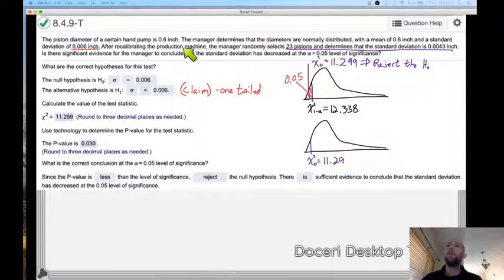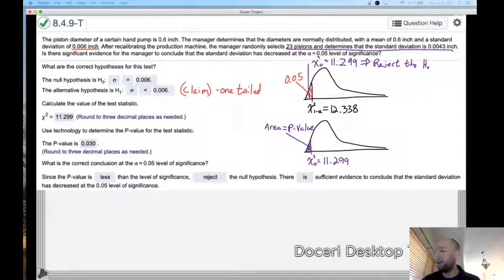Now, I was also asked on this problem about the p-value. The p-value is the area beyond the test statistic, so I'm illustrating that on the second distribution.